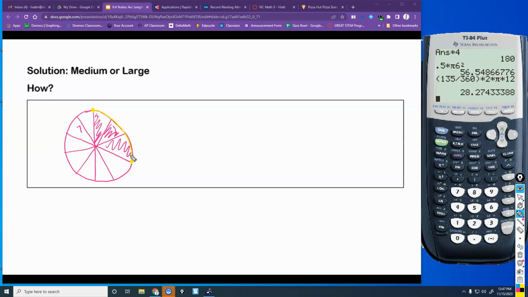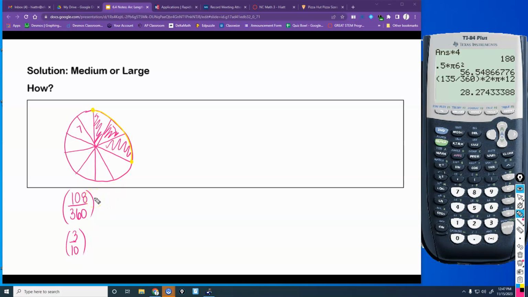So we're doing arc length instead of area. So it's very similar, but instead of being a fraction of the area, it's a fraction of the circumference. So we could do like we did the last problem. It was 108 out of 360, or that's just 3/10 because it's 3/10 of the pizza, right?